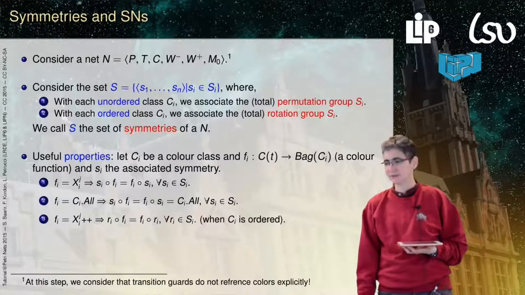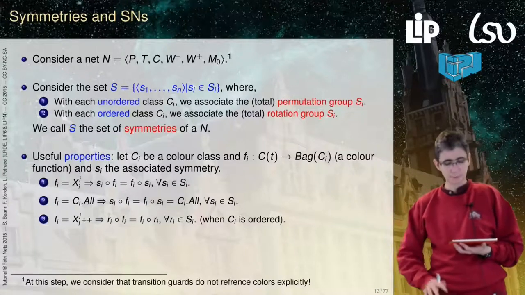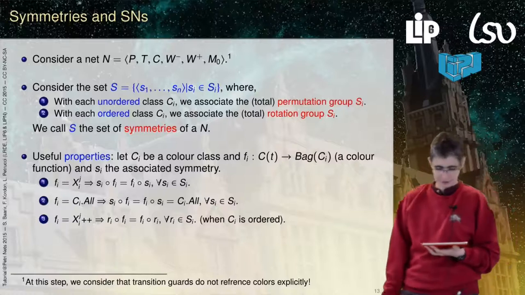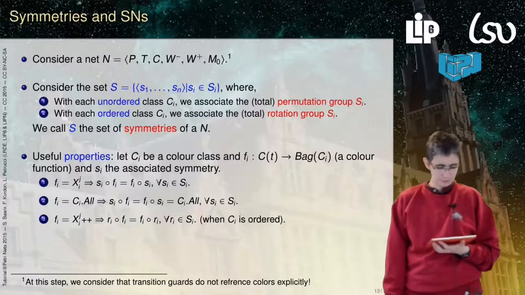So S is the set of symmetries of a net N: permutations and rotations according to whether the class is unordered or ordered.